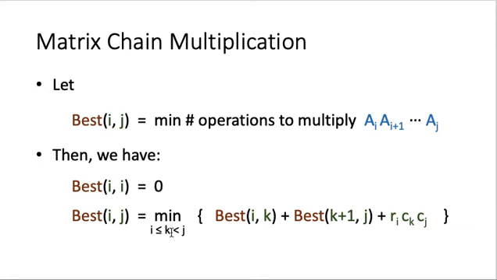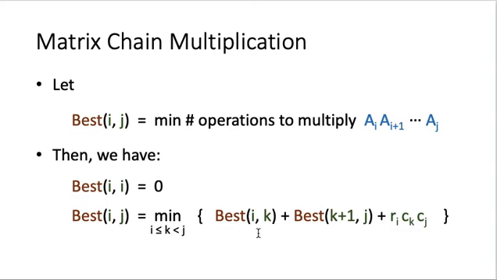There are at most n variations of k that we need to take care of, but for a particular k, it takes constant time to retrieve these values because they are already computed, and constant time to get this product. So constant time for each k under consideration.